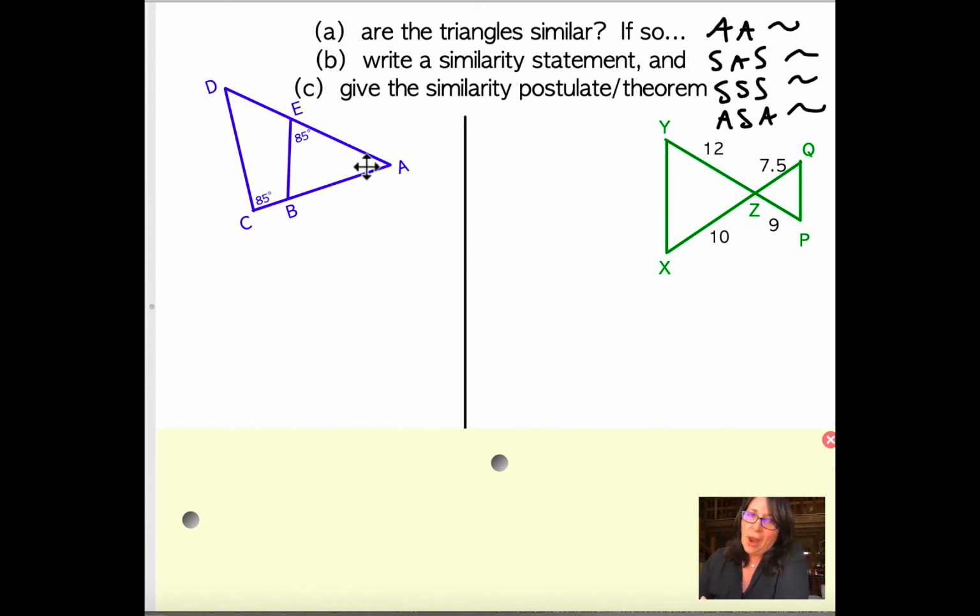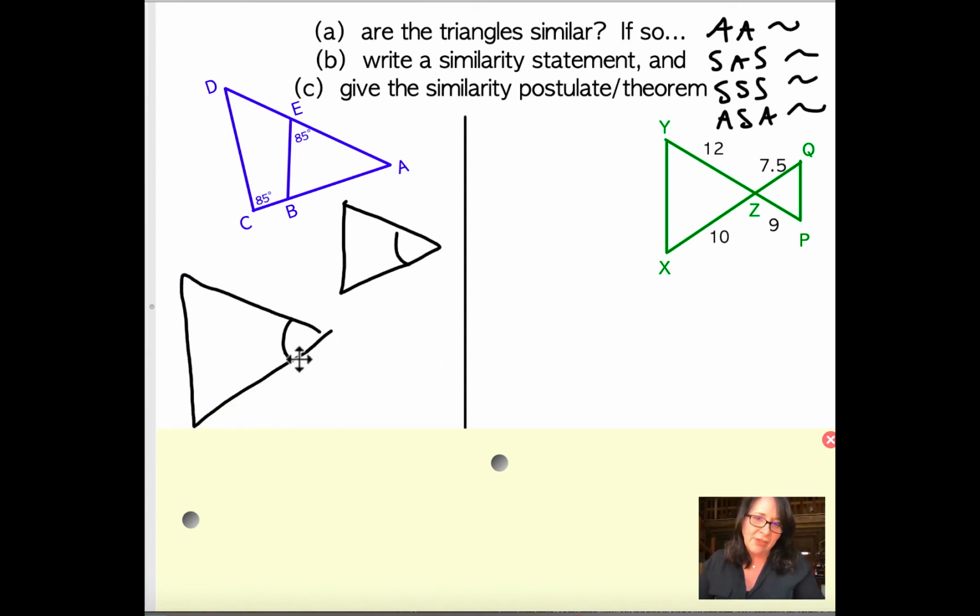For this triangle, it is a little bit tricky, for sure. I love this because, just giving A a value, if I split these two triangles up, see this triangle right here, and then I have the larger triangle, these two angles, A is going to be the same. So regardless if I gave it a degree, 50, 30, whatever you want to give it, the smaller triangle has another angle of 85.